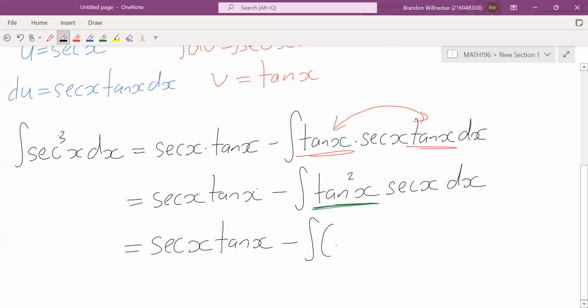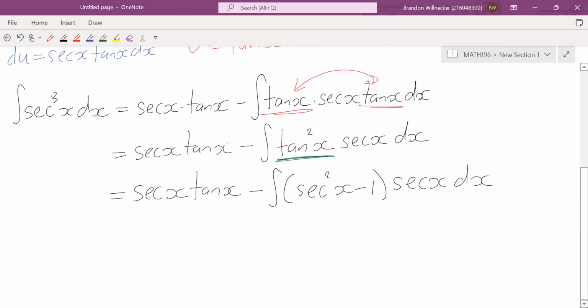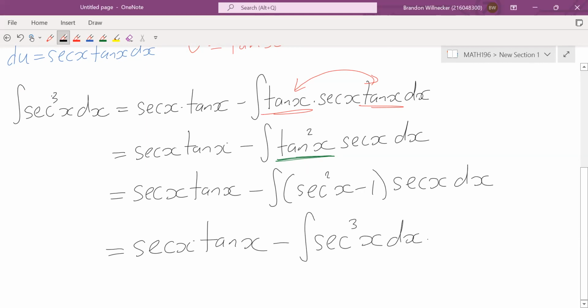It's sec squared minus 1, times sec x dx. So this is going to be sec x tan x minus the integral of sec cubed x, that's interesting, plus the integral of sec x dx.